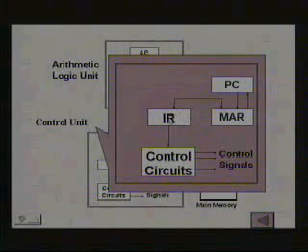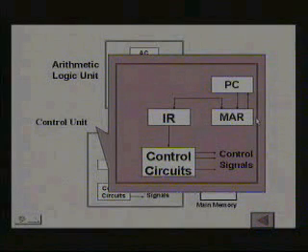That means the instruction which is getting executed will be loaded into a register called IR, or instruction register, and the MAR, memory address register, will be responsible for issuing various addresses to the memory and indicating which address we presently want to refer to.